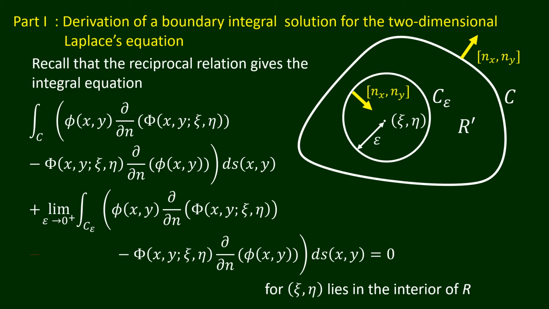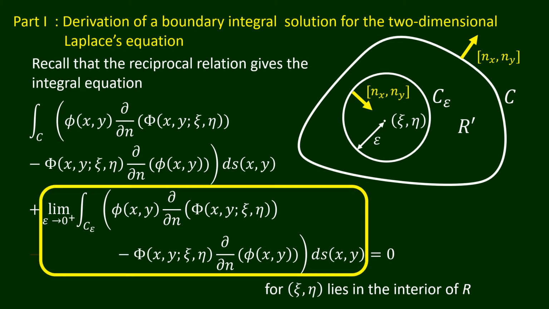Recall this equation obtained from the reciprocal relation for the point (xi, eta) in the interior of the region R. We have just evaluated the limit of the integral over the circle C epsilon. The value of the limit is minus phi(xi, eta).